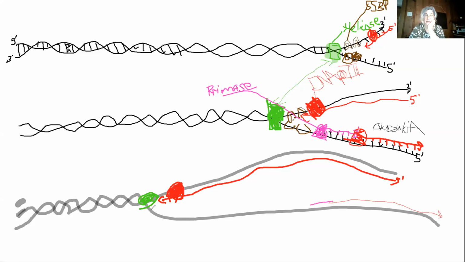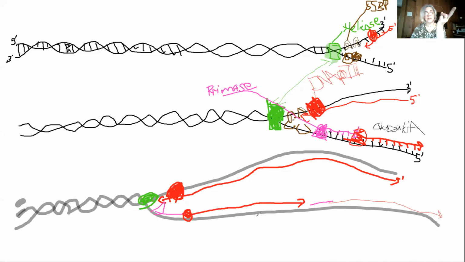And the primer would sit down here again, and it would make a small primer, 5' to 3', and then DNA polymerase would grab onto that here and make a second Okazaki fragment right there. Okay, 5' to 3', like that.